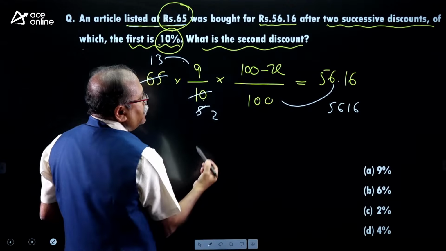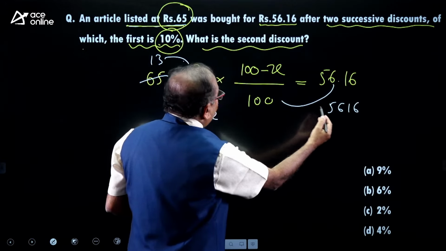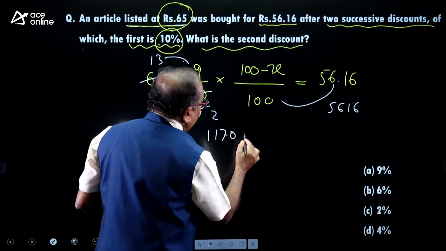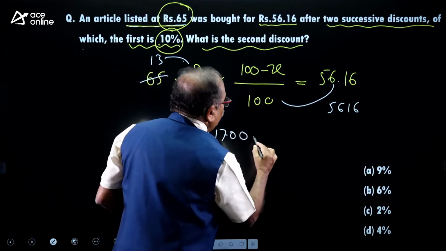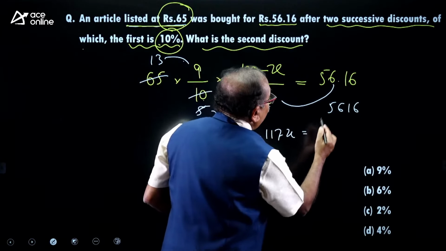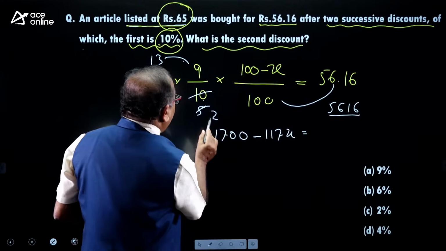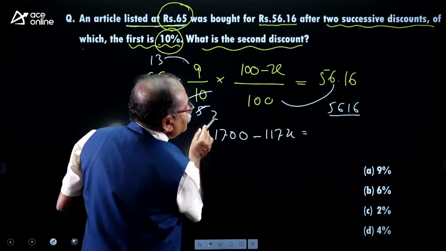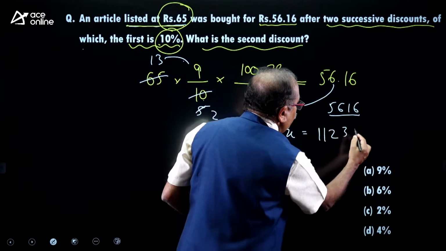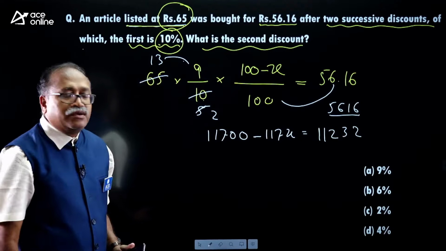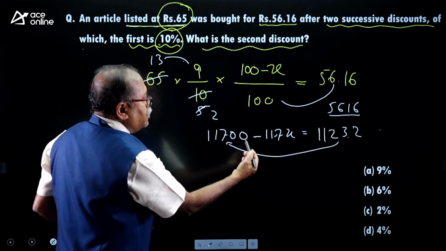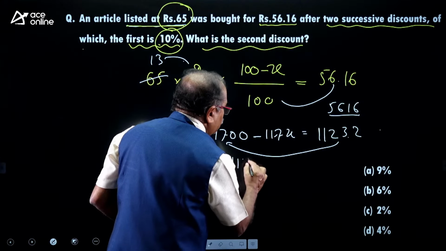And when I divide this number, this is 117 followed by 2 zeros here, minus 117x, which is equal to this number multiplied by 2. Okay, and I am getting 11232. Hope it is right.